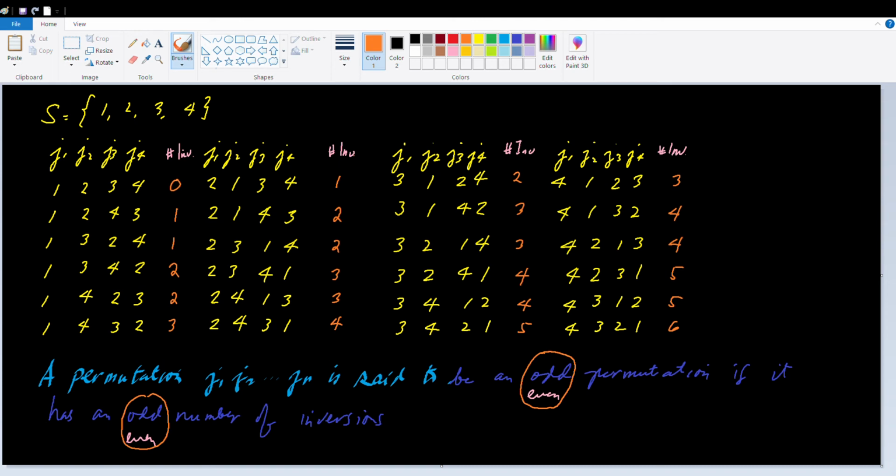So we can now classify each of the permutations of S. Indicate whether the permutation is an odd permutation or an even permutation. Will you complete the classification for each of these permutations?